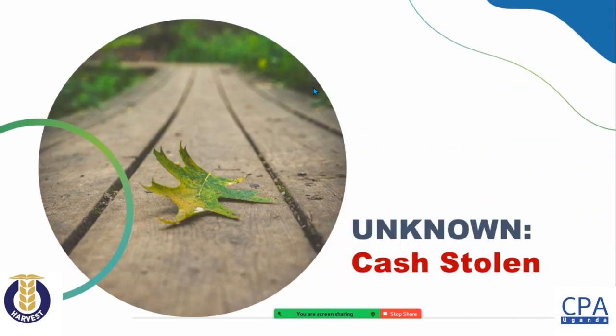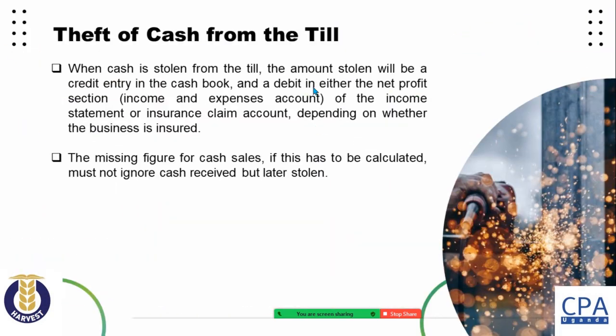Questions may still further consider issues of cash that has been stolen. Of course, here we shall be talking about theft of cash from the till. And we are saying that when cash is stolen from the till, the amount of stolen cash will be a credit entry in the cash book and a debit in either the net profit section, the income and expenses account, or the income statement, or insurance claim account, depending on whether we had actually insured our cash from theft.